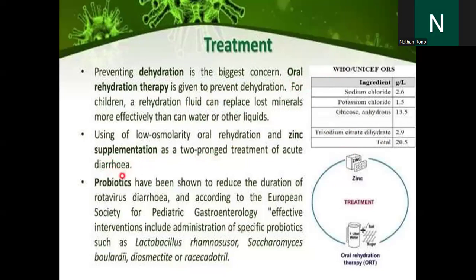Then probiotics. Probiotics have been shown to reduce the duration of rotavirus, according to the European Society for Pediatric Gastroenterology. Effective interventions include administration of specific probiotics such as Lactobacillus rhamnosus, Saccharomyces boulardii, and so on. Basically, we call those probiotics.